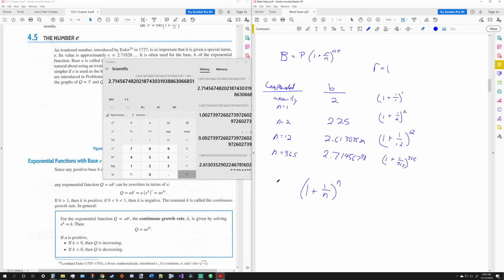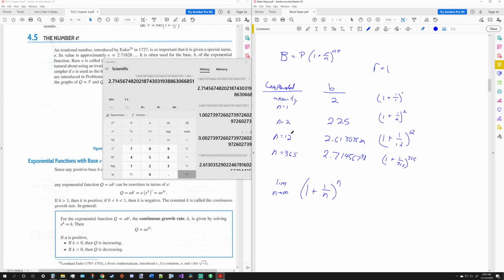So if we look at the limit as n approaches infinity, so as we compound an infinite amount of times in a year, what happens? Well, we can't just plug in infinity, right? So we have to look at the limit as n approaches infinity. That's the idea of a limit, right?